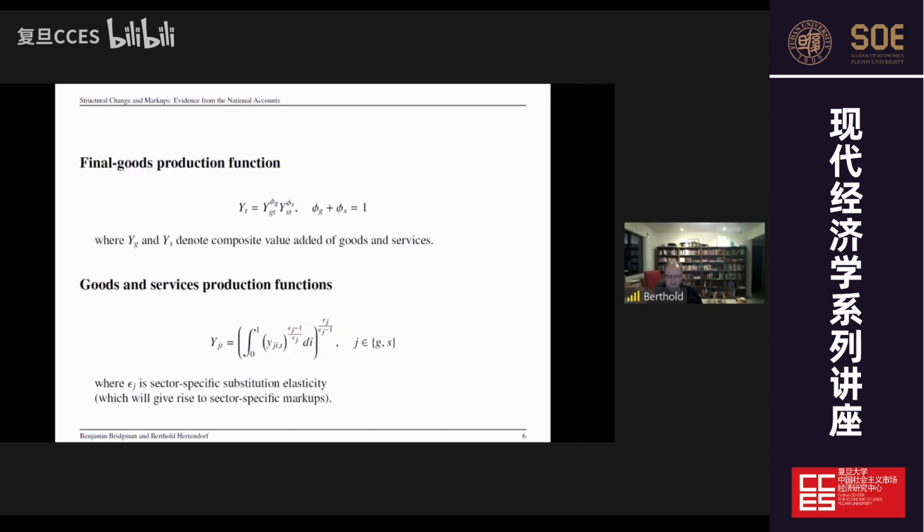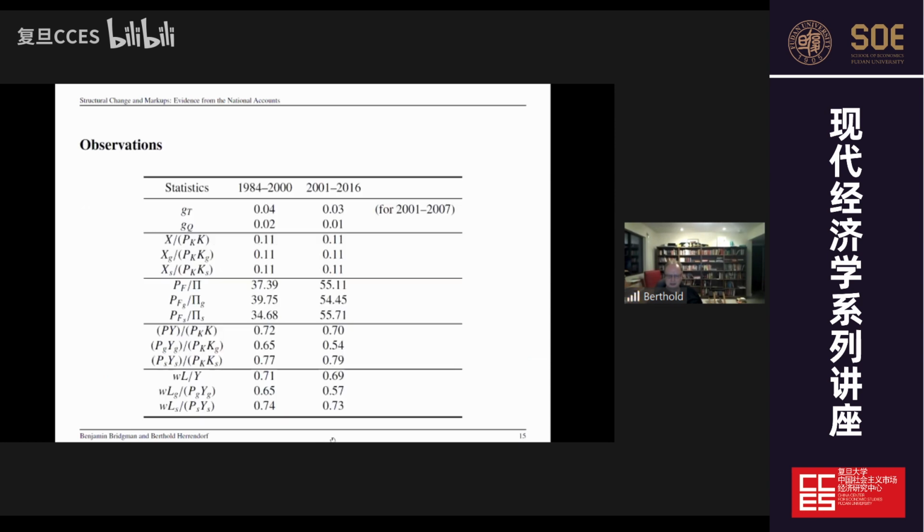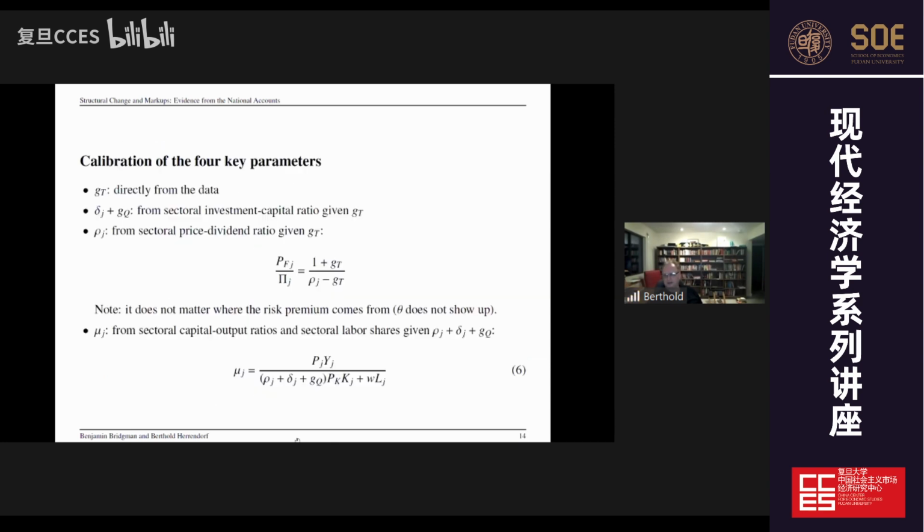When I go to the calibration stage, none of these parameters shows up here. So I can do the calibration without taking a stand on sigma and without taking a stand on theta. One way of reading this is to say, well, this calibration is true at this fairly aggregate sectoral level, no matter where the risk premium comes from. As soon as you know what the rho is, it's going to include it.